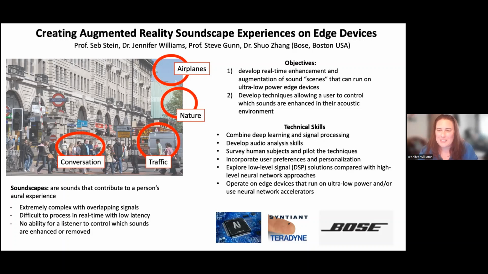There are different objectives in this project. One, of course, is to develop a real-time enhancement and augmentation of sound scenes that can run on ultra-low power edge devices. And then there's the element of giving the user control over their acoustic environment. So this is in progress.